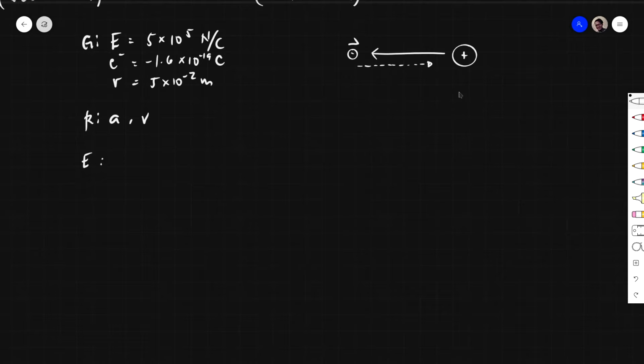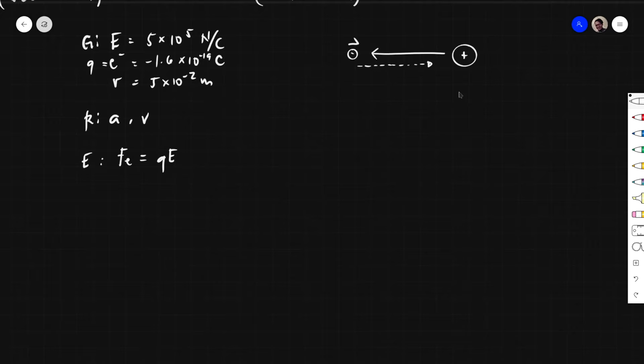For this one, we're going to utilize the formula of electric force. So we're going to need force here. Then I'm going to show you why you need to know the masses of the charges as well, because we haven't used that yet, right? So for this one, this is Q multiplied by the electric field, which is both given. Let's just change this as Q, so we don't have to redefine this one anymore.